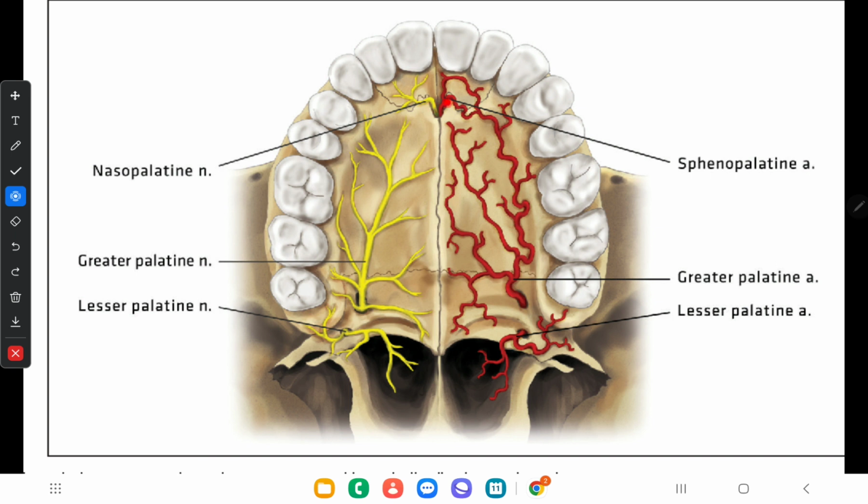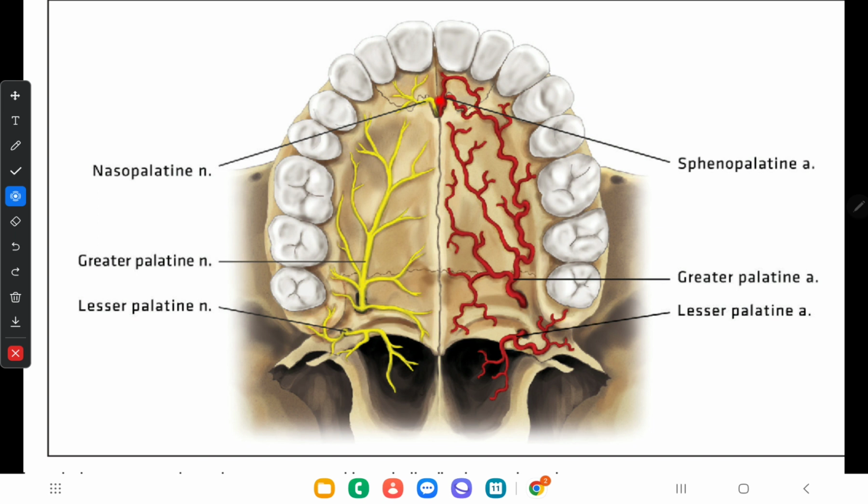You can see this is the incisive foramen. So this greater palatine artery travels anteriorly to reach the incisive foramen, and from the incisive foramen there are some terminal branches which enter into the nasal cavity.